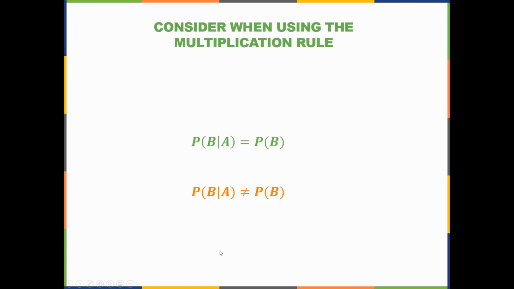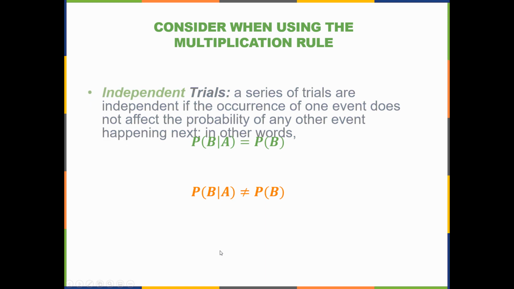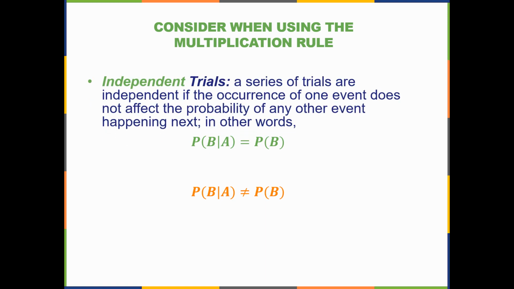So if we have independent trials, a series of trials are independent if the occurrence of one does not affect the probability of any other event that happens next. So when just thinking about two trials, the probability of B happening once we already know that A happened, does that probability of B stay the same?